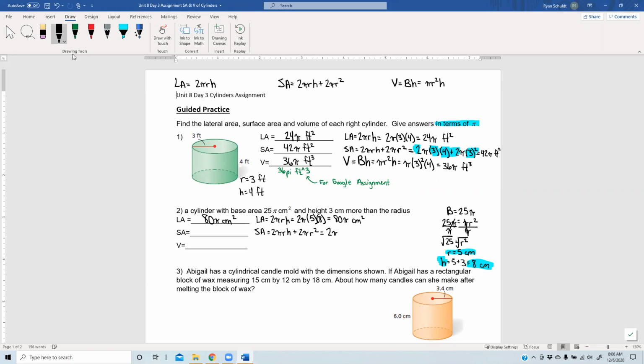So 2 pi, r is 5, h is 8, plus 2 pi, r is 5 squared. Everything but the pi goes in the calculator.